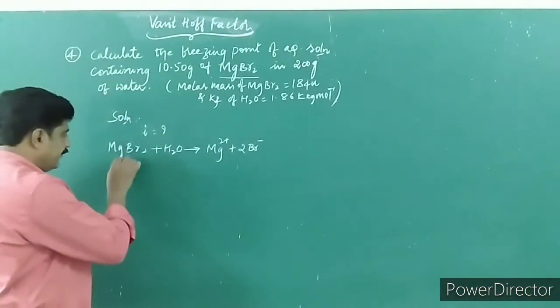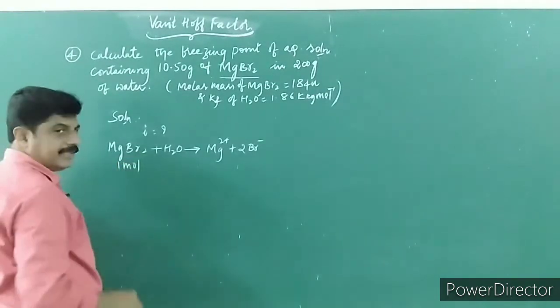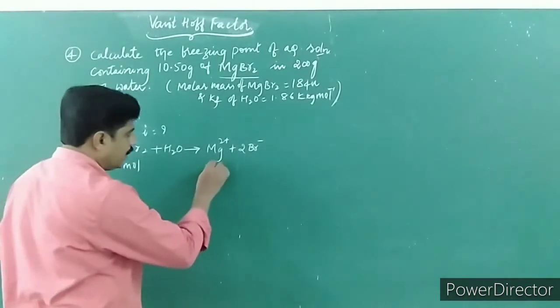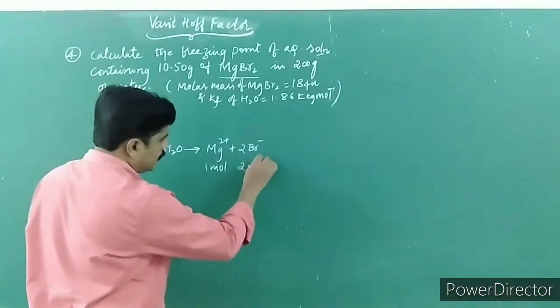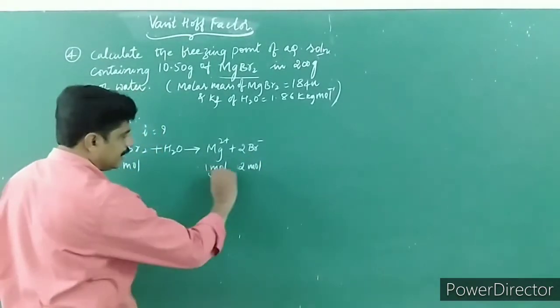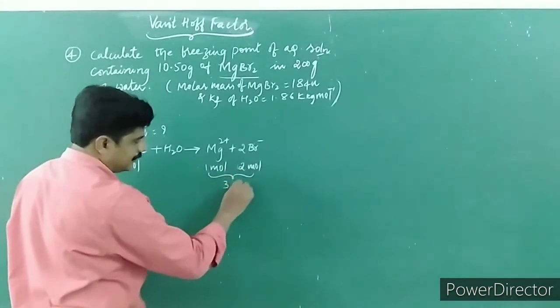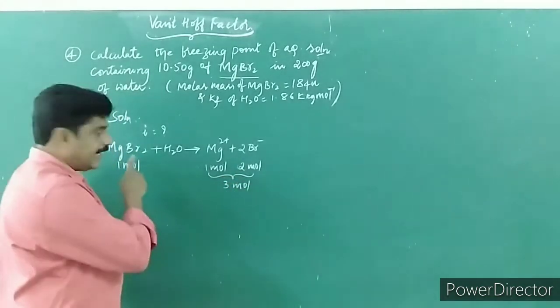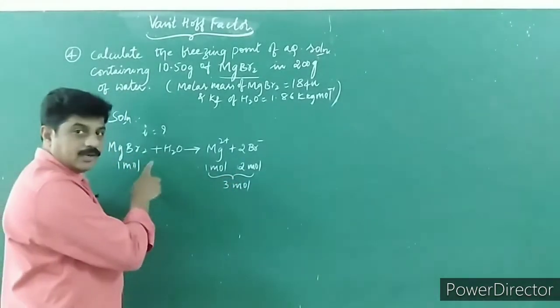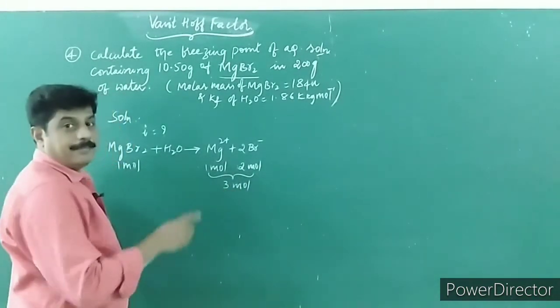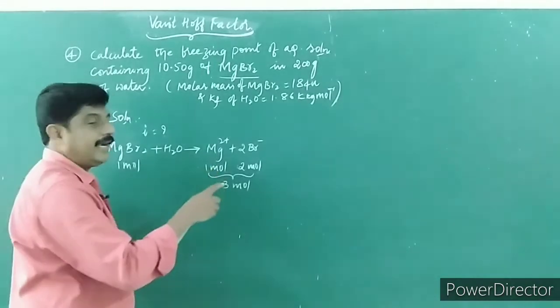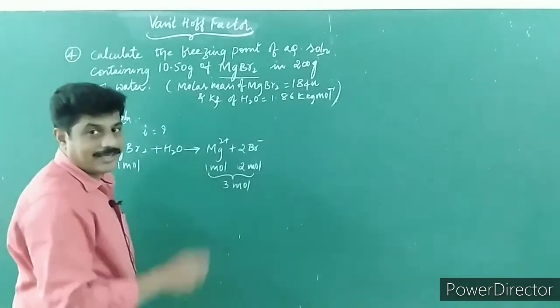Remember, for every 1 mole of magnesium bromide, you are going to get 1 mole of Mg2+ and 2 moles of Br- ion. Together 3 moles. Is it not? That means every 1 mole of magnesium bromide undergoes dissociation to give how many? 3 moles of magnesium 2+ ion and bromide ion together.